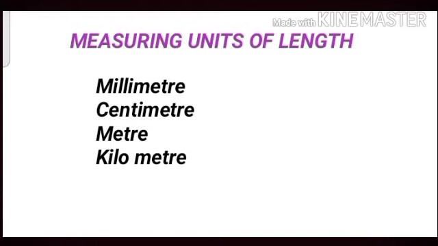Now we are going to learn some measuring units of length: millimeter, centimeter, meter, kilometer. Millimeter: if it is a very small distance, like a bindi or the width of the paper, if you want to measure a very small thing, we can use millimeter.